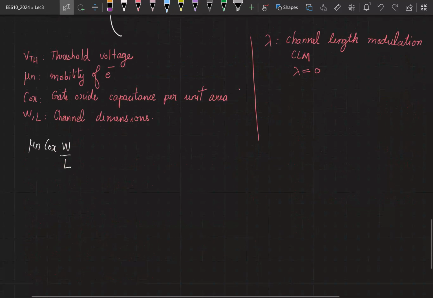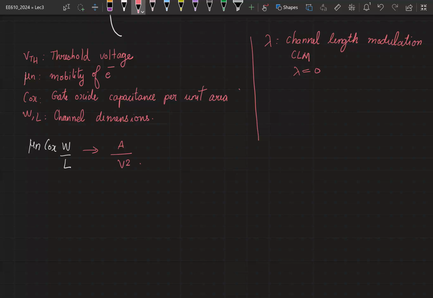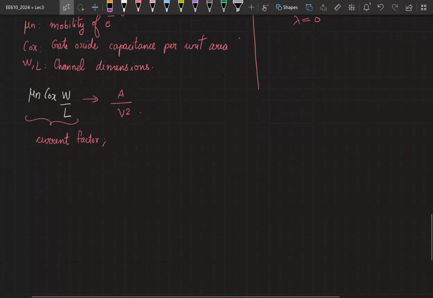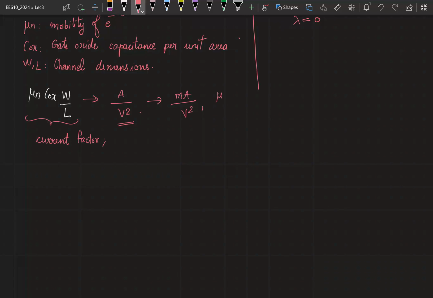Therefore this should have dimensions of ampere per volt square. This is what we call the current factor. Typically, though the unit is ampere per volt square, because the currents you're going to deal with will be in microamperes and milliamperes, you tend to represent this in milliampere per volt square or microampere per volt square unit.